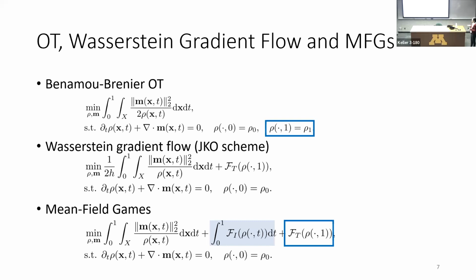You weight this dynamic cost by 1/h, where h is your step size in the Wasserstein gradient flow, and the terminal cost is some functional on the density that you want to minimize. So these two are related to mean field games. But mean field games have the interaction cost, which makes them more versatile to deal with a more general class of problems.